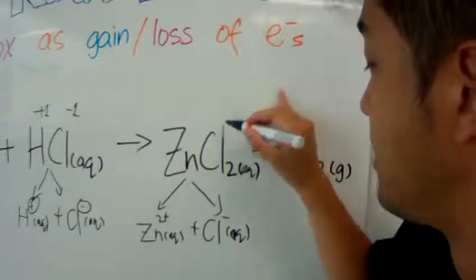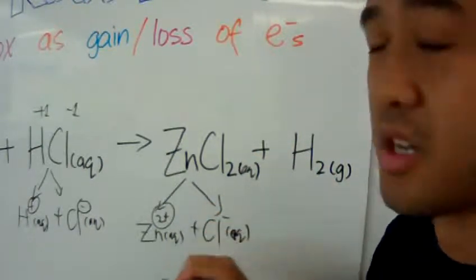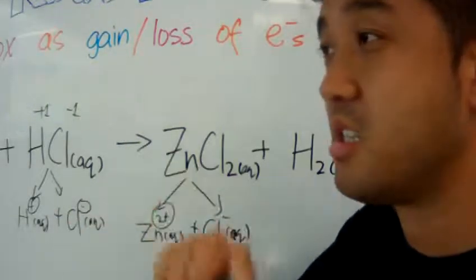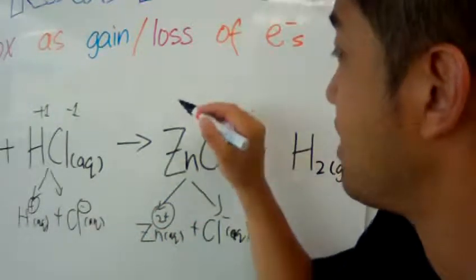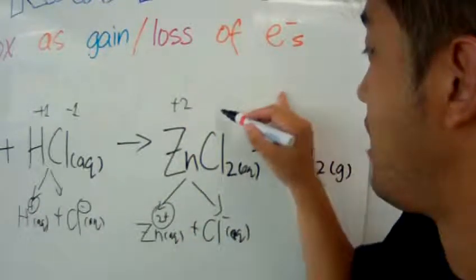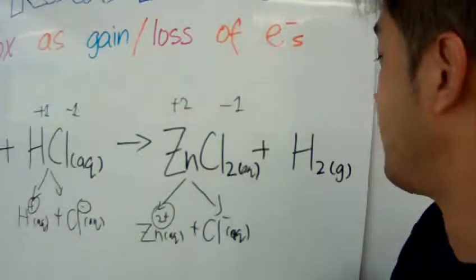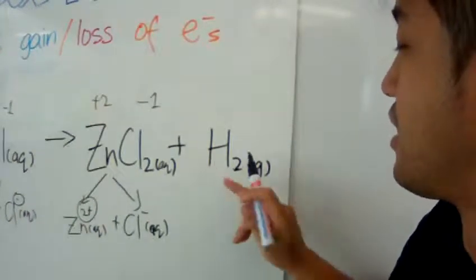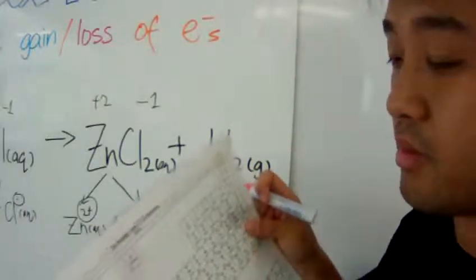And again, you know the charge of zinc here because we studied this in Unit 3, so you should know how to write the charge of zinc. Zinc has a charge of +2, and chlorine is still a -1. And finally the hydrogen here, hydrogen being bonded by itself, right?